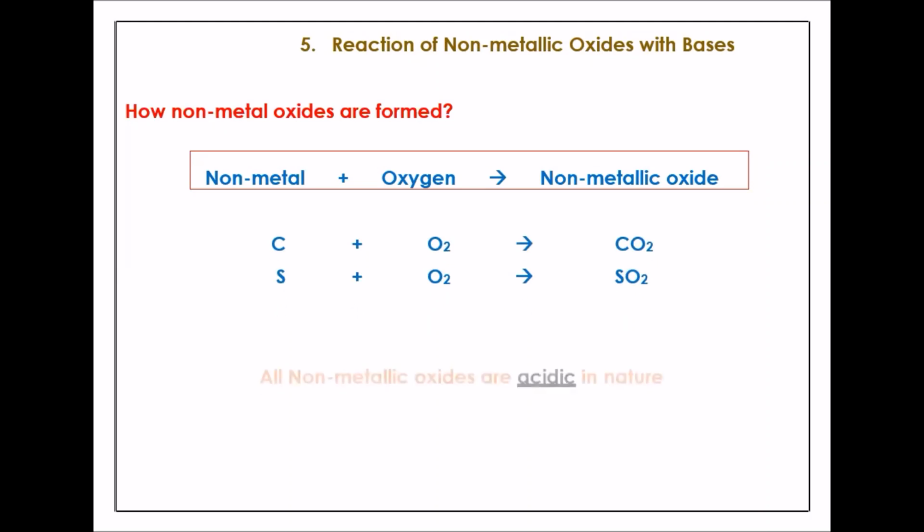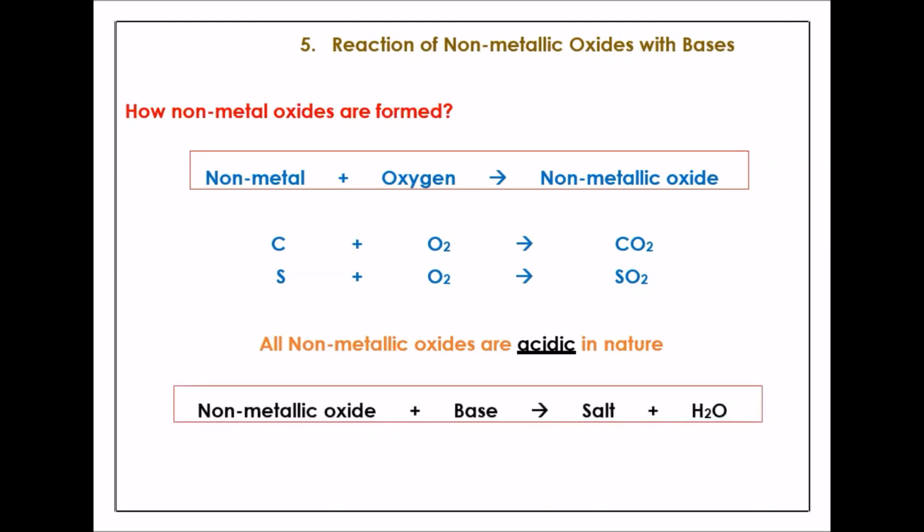And all non-metallic oxides are acidic in nature. And we know neutralization reaction. What is that neutralization reaction? Acid plus base gives rise to salt plus water. So here, non-metallic oxide is acidic in nature.